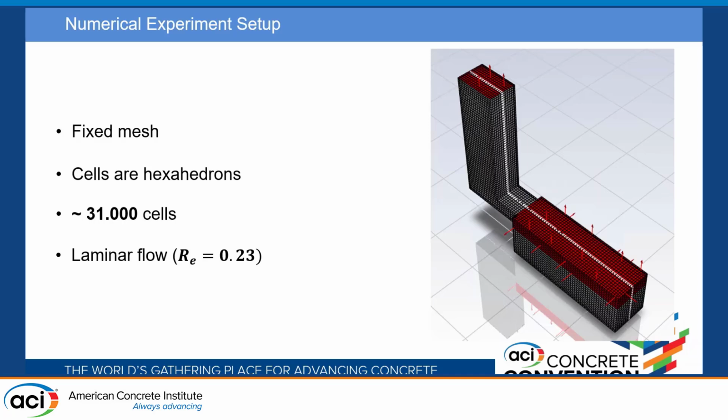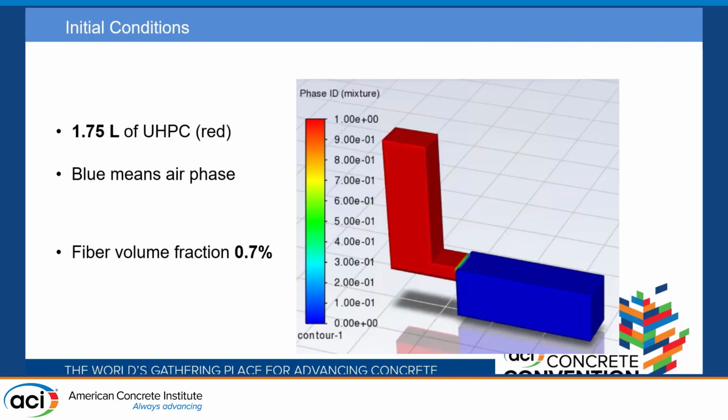This is the fixed mesh that we're using. We're at around 31,000 cells. This is our first experiment. We should increase the amount of cells in order to have smaller cells and account for the wall effect here, for the gradients of velocity close to the wall. We have a laminar flow, with a Reynolds number of 0.23, so it's very, very laminar, which is good, because we don't have to deal with turbulence, which is always very difficult.